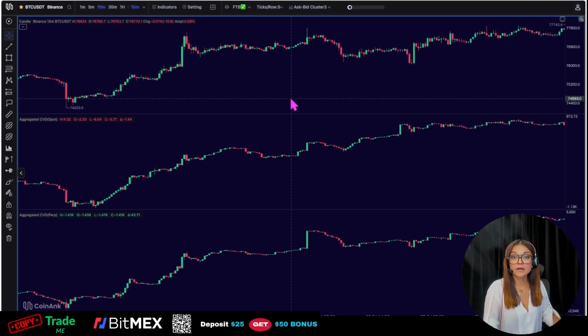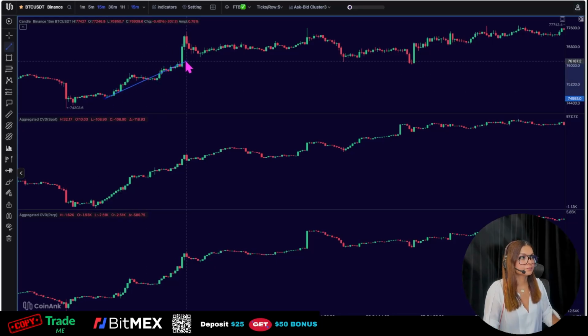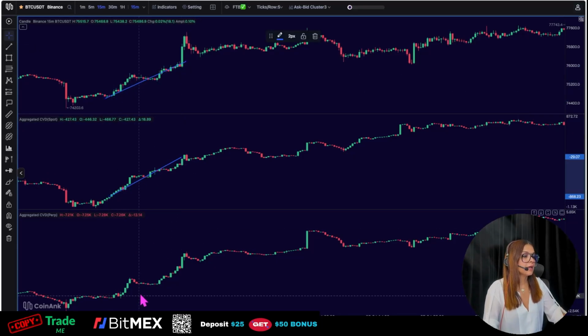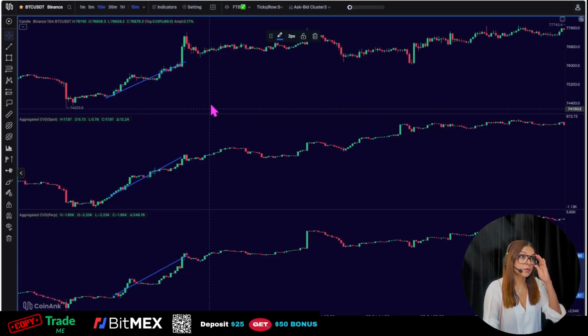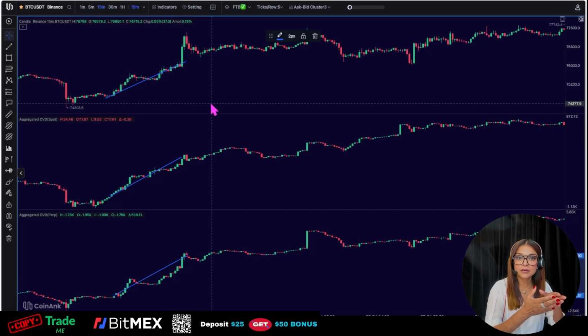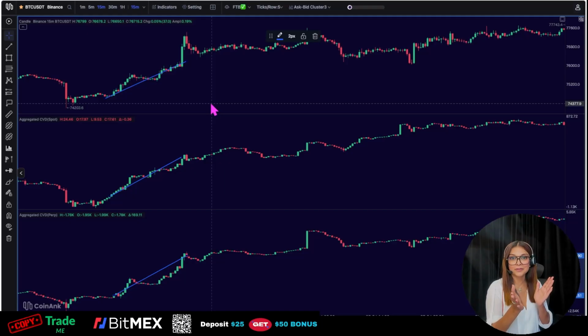Another example of harmony: price is up, CVD spot is up, and CVD perp is up as well. Now we can assume that there should be continuation of the move. There is harmony. So that's an example of harmony, whether everything is down, price, CVD spot, CVD perp.